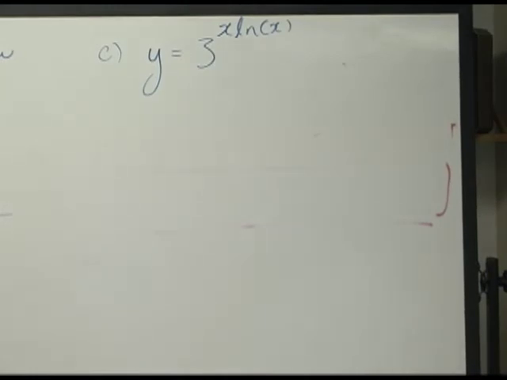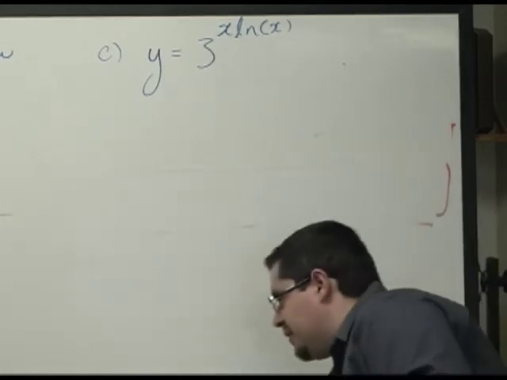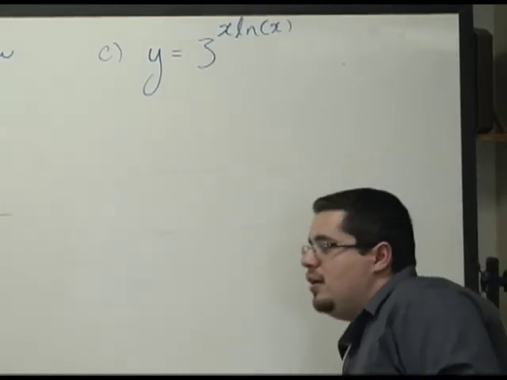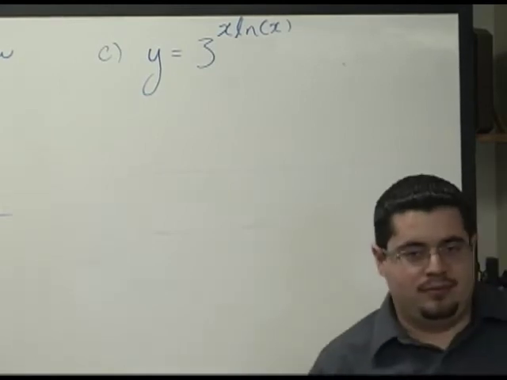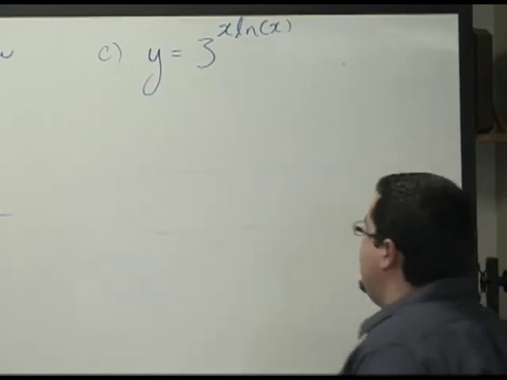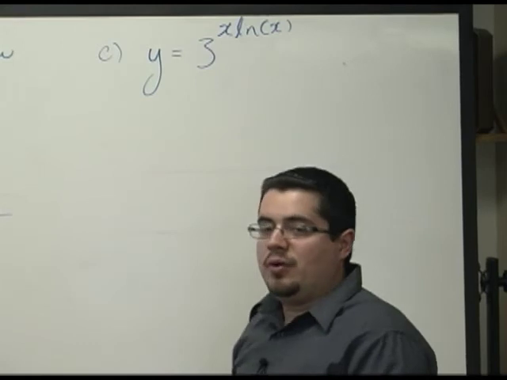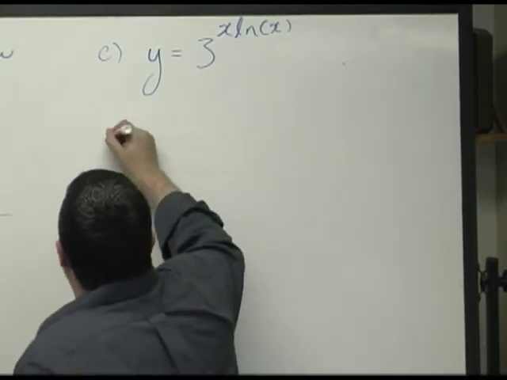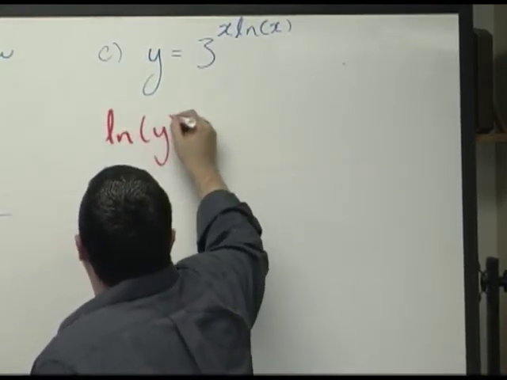Okay? I don't want to go down that path. Instead, I want to use this example to remind you guys of implicit differentiation. Okay, for example, in this case, you could very well take the natural log of both sides. Why? Well, you take the natural log of both sides.